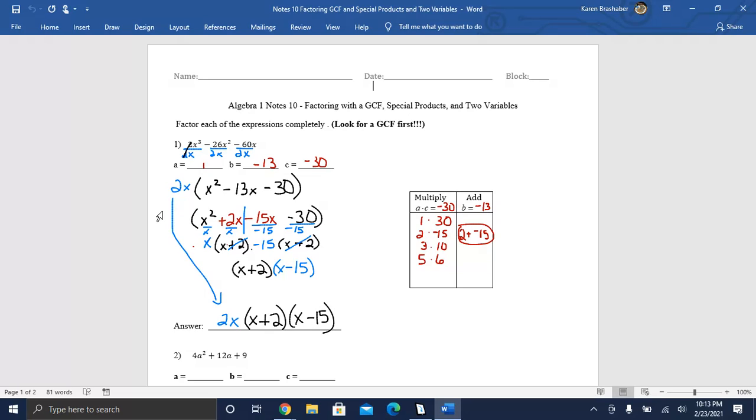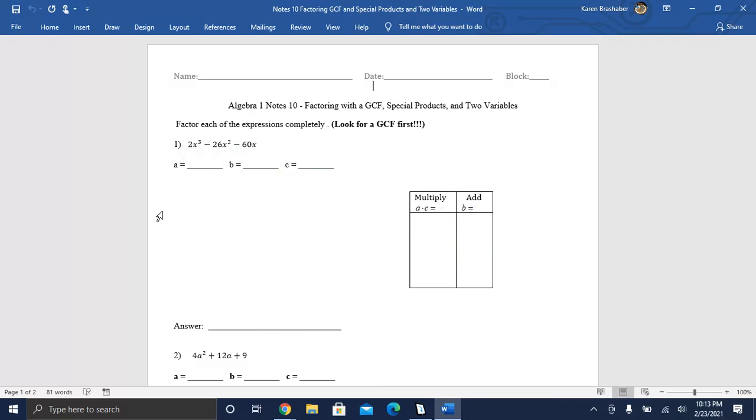So all of that would be what you would type in for your final answer. All right, so there's an example of something that has a greatest common factor, and you will need to be sure to look for that. If you don't look for that, you might have bigger numbers to work with and then have to factor it out at the end.